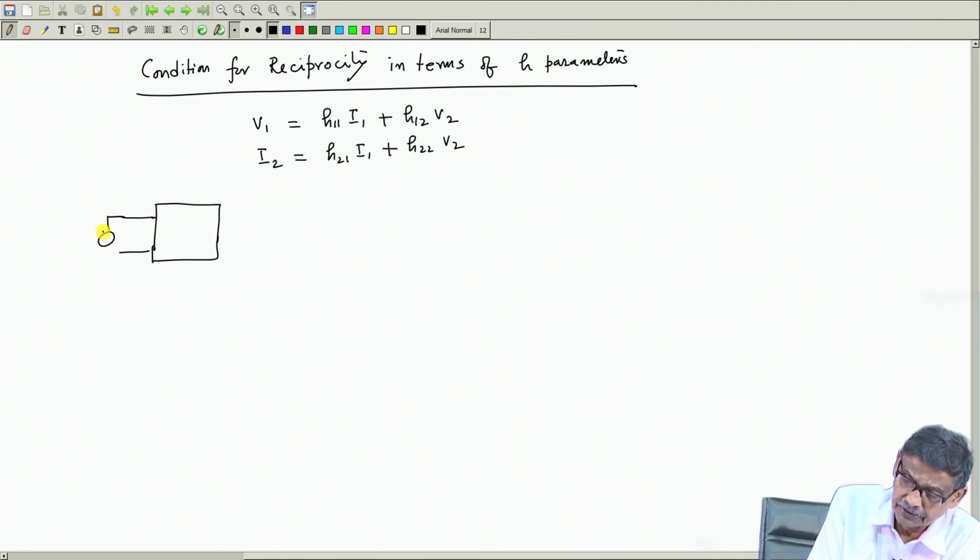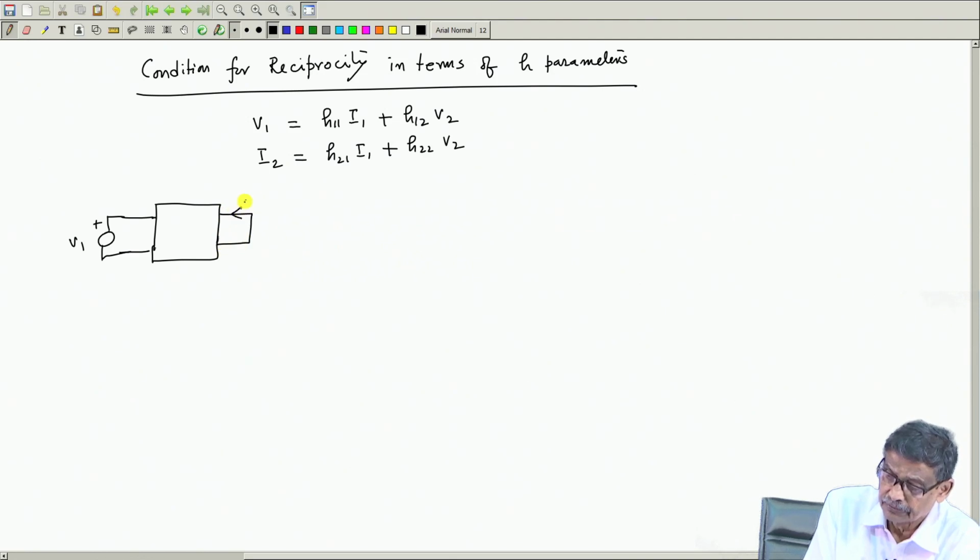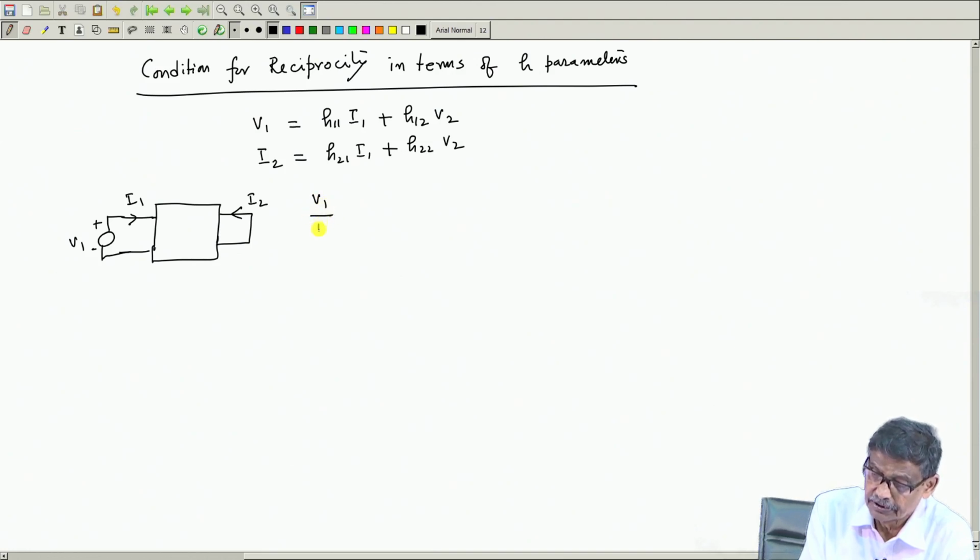So, once again you see, you apply a voltage V 1 and keep this shorted and note down this current and this current like this, and to prove the reciprocity theorem I need this value V 1 by I 2.